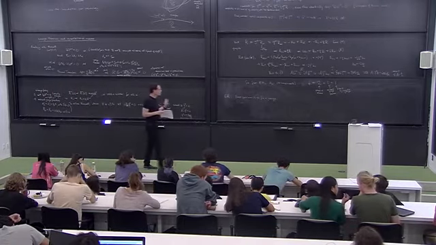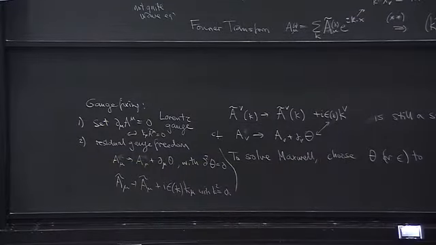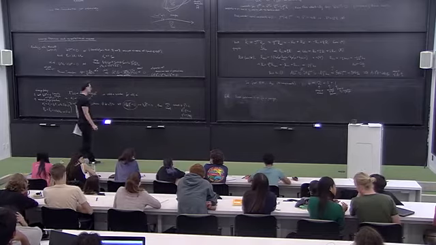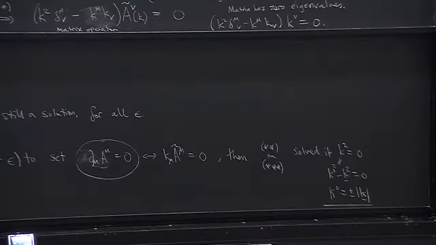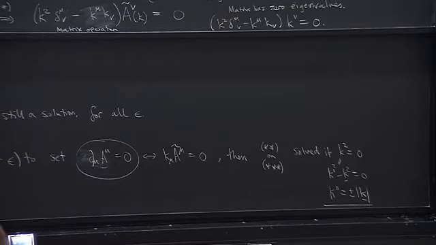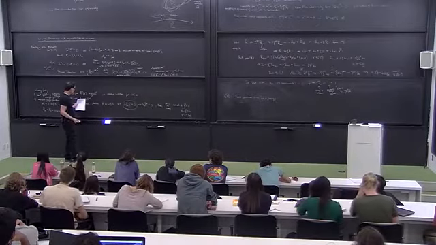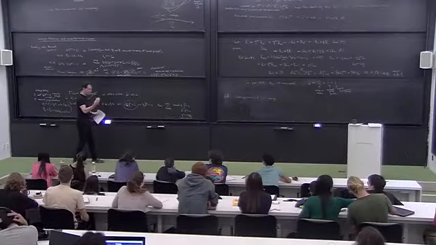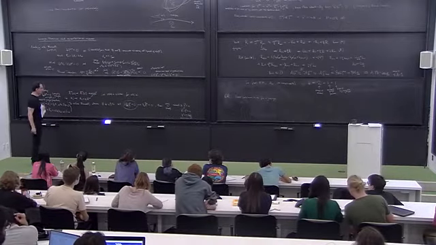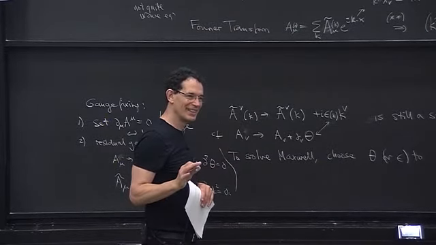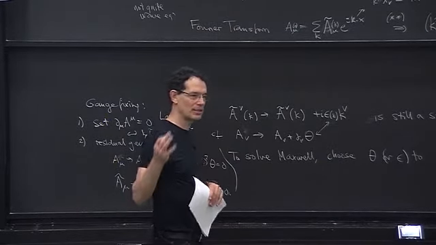So we need to choose some gauge, and in electromagnetism, one of the possible nice gauges is this gauge, d mu a mu equals 0. This is obviously not invariant under A goes to A plus d theta, right? Because this equation changes by d squared theta. So you want to write down an equation which is not gauge invariant in order to fix the gauge.